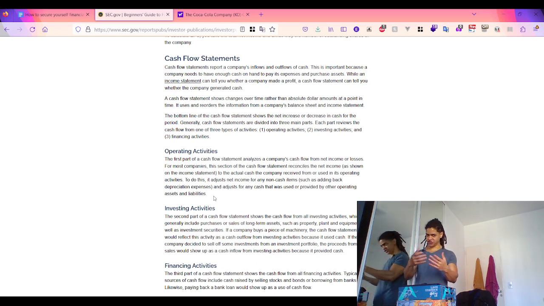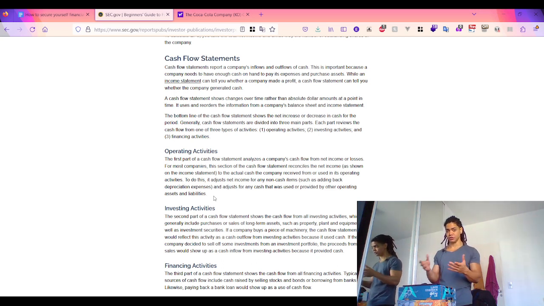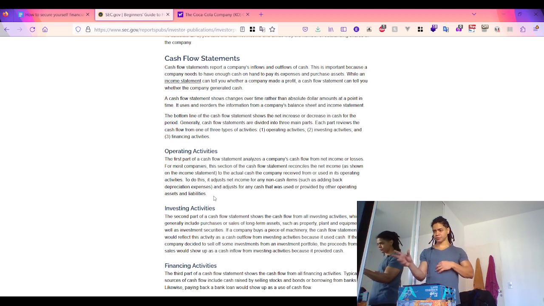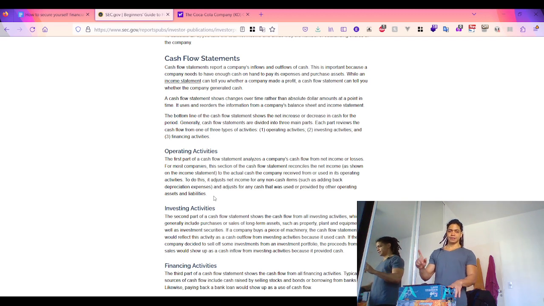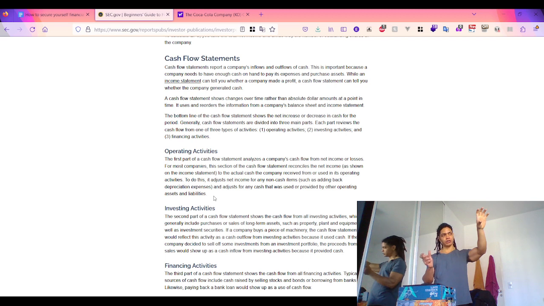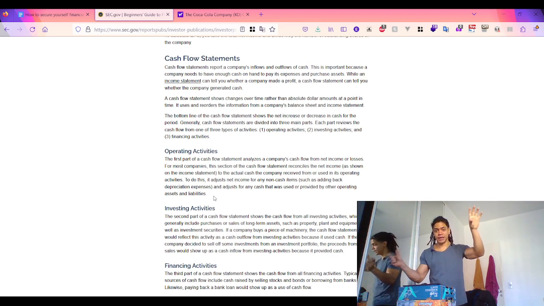For example, depreciation and amortization, stock-based compensation, and also it adjusts for the total amount of cash that was used or received from other operating activities.